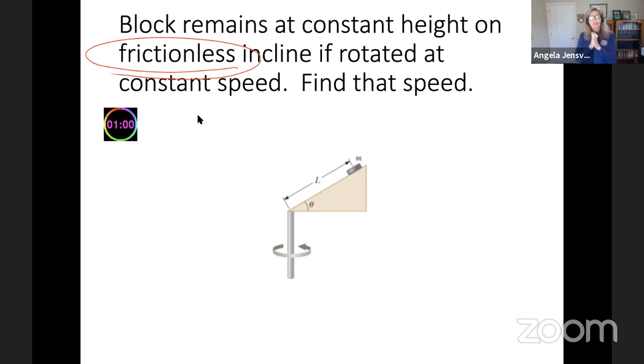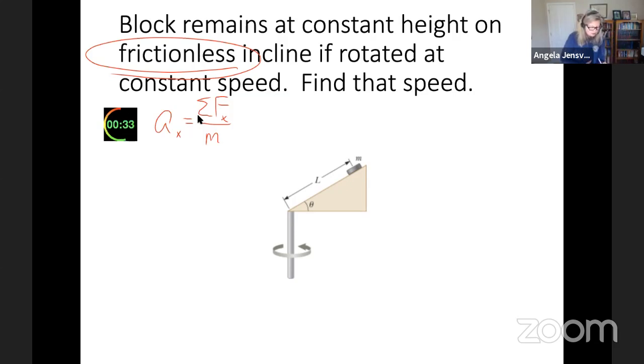Okay, the key to these problems is to choose what your axes are. I'm looking at this object and it's traveling in a horizontal circle, right? So I would like to analyze the forces in the horizontal direction. If one of my axes is horizontal, the other axis has to be perpendicular to that, so it'll be vertical.